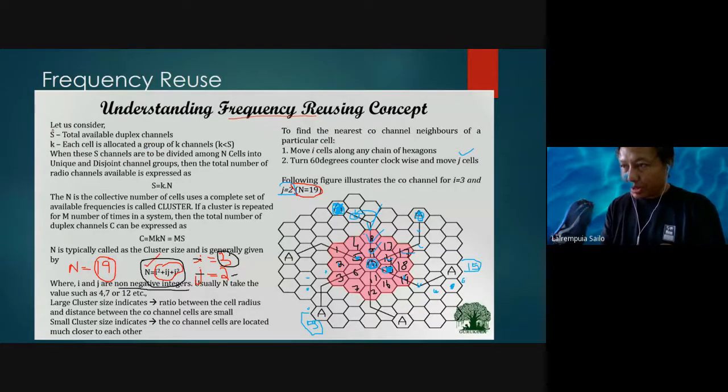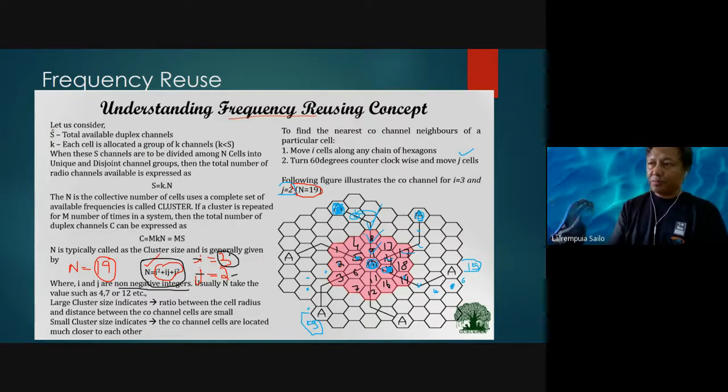Using this formula, we can calculate: S is equal to the total number of duplex channels. Duplex is two-way communication. Here K is the group of channels allocated to a cell. K should be less than S. Okay, S is the duplex channels.